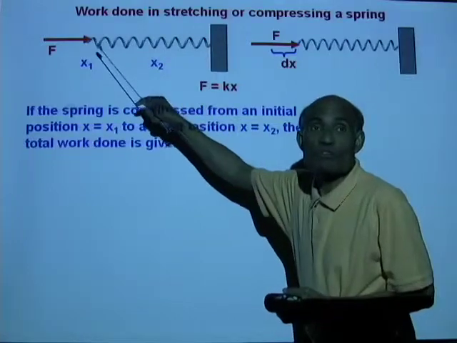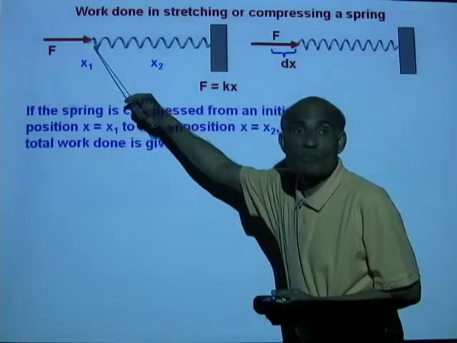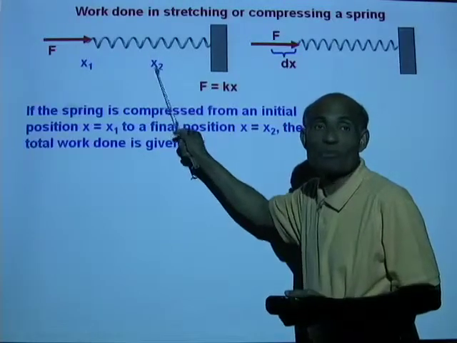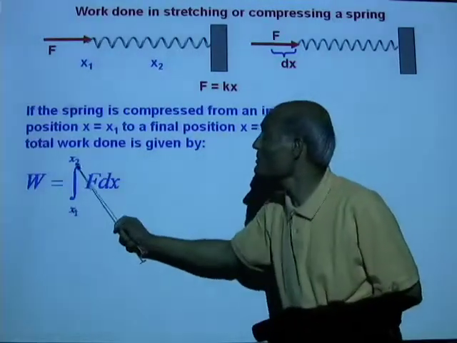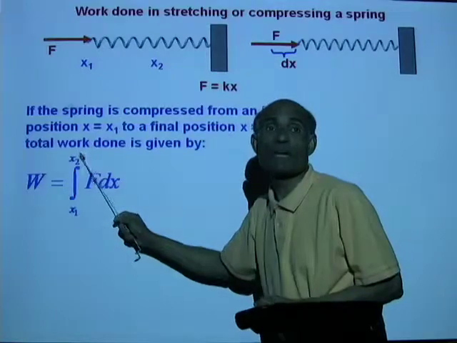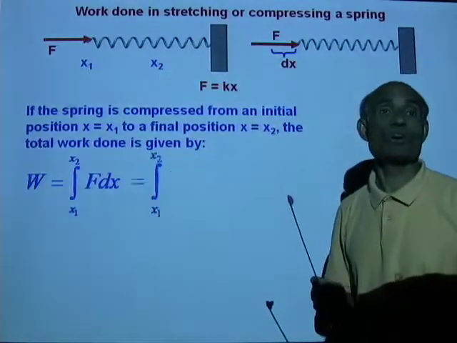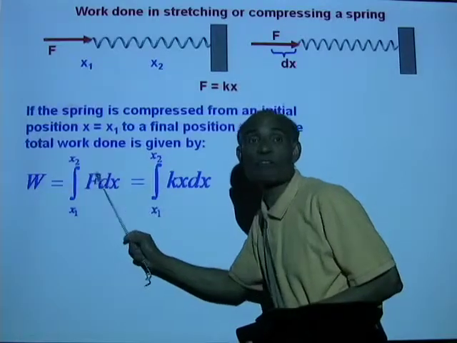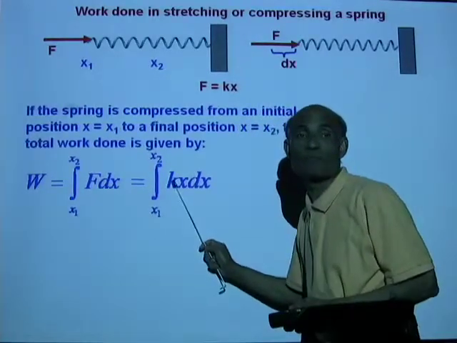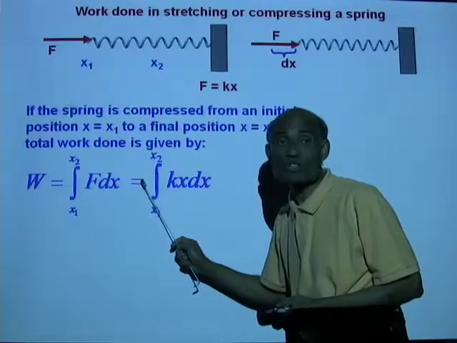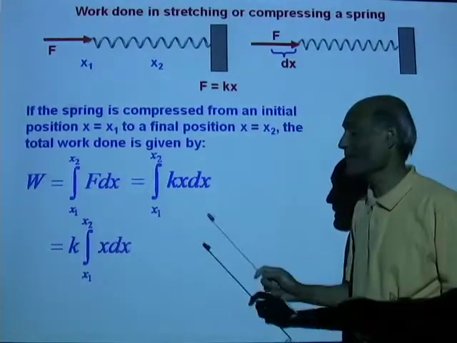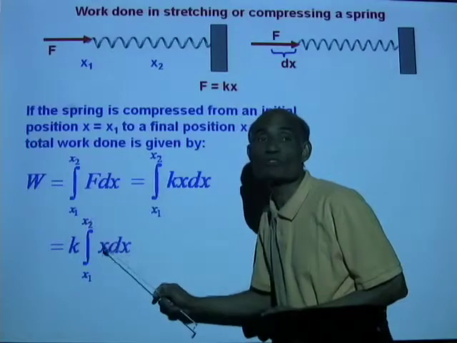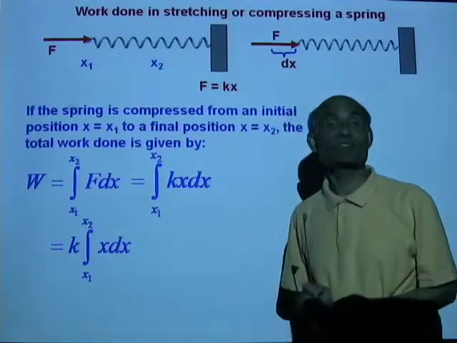Therefore the total work done when the spring is compressed from x1 to x2 is W equals the integral from x1 to x2 of F dx. In the case of the spring, F equals kx, and this k is a constant, so we can bring it out of the integral sign. That will be k times the integral from x1 to x2 of x dx.